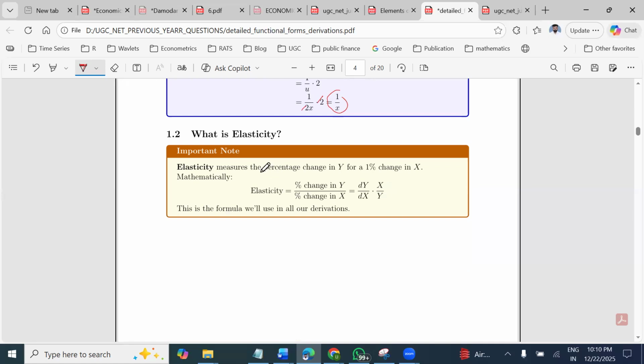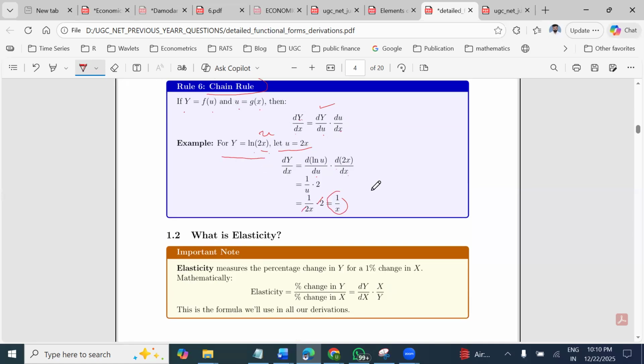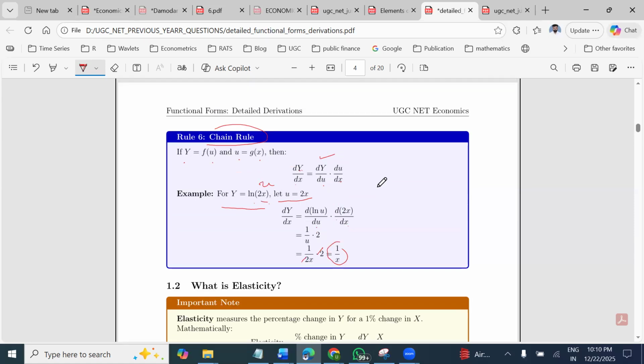Sir, I have one doubt. In this chain rule, how are we deciding that u is equal to 2x and y is equal to ln 2x? No, it will go in your mind actually. If you are differentiating, you should know that ln 2x has a log in it, because already we know that if y is equal to ln x, what the formula is.